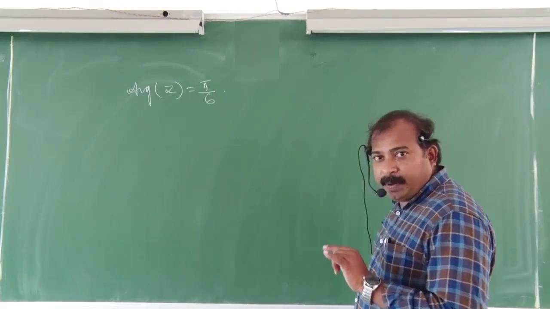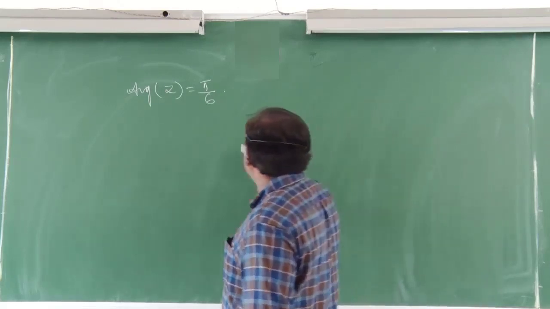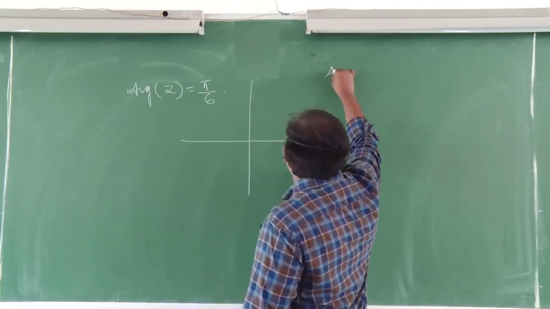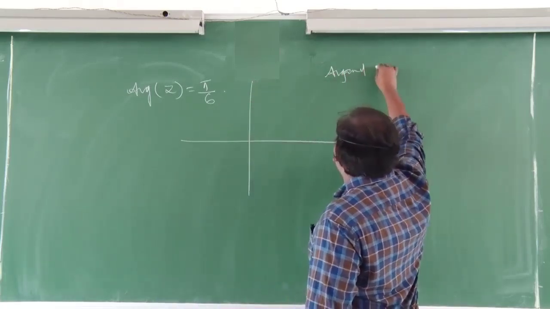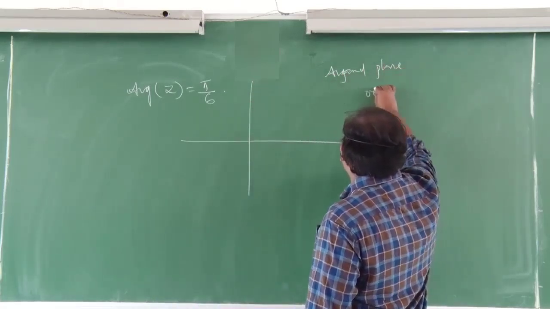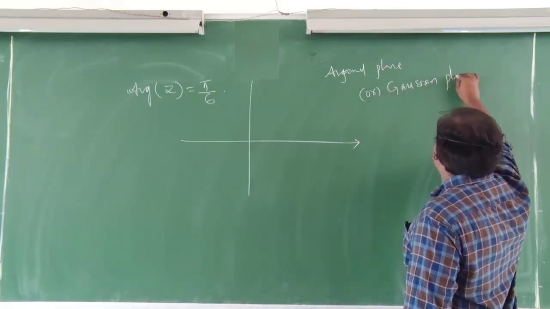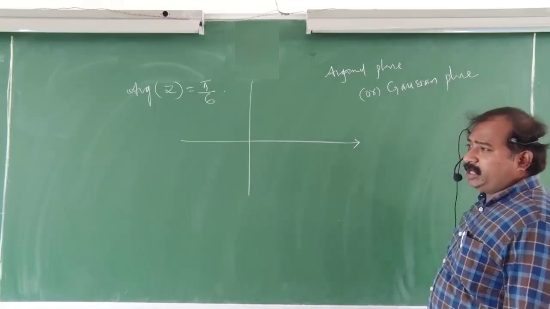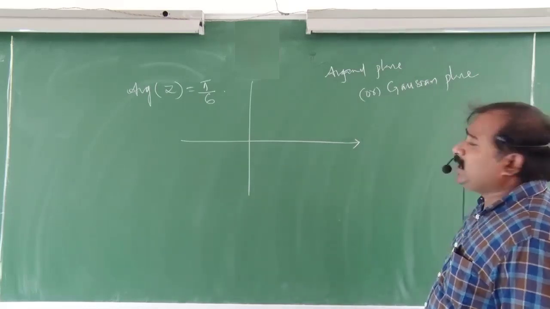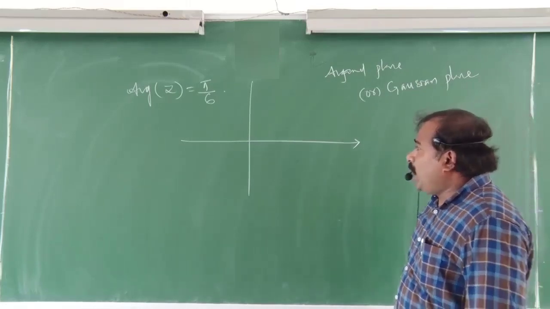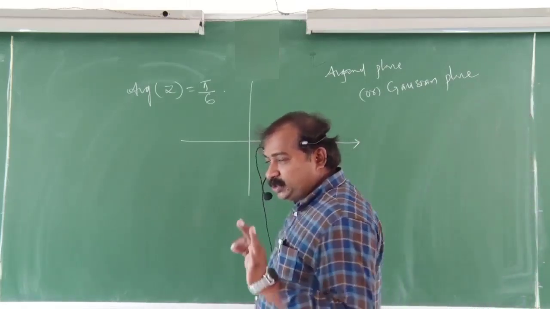Argument of z equal to pi by 6 means, let this be the Argand plane or Gaussian plane, the complex plane, whatever you like to call it.